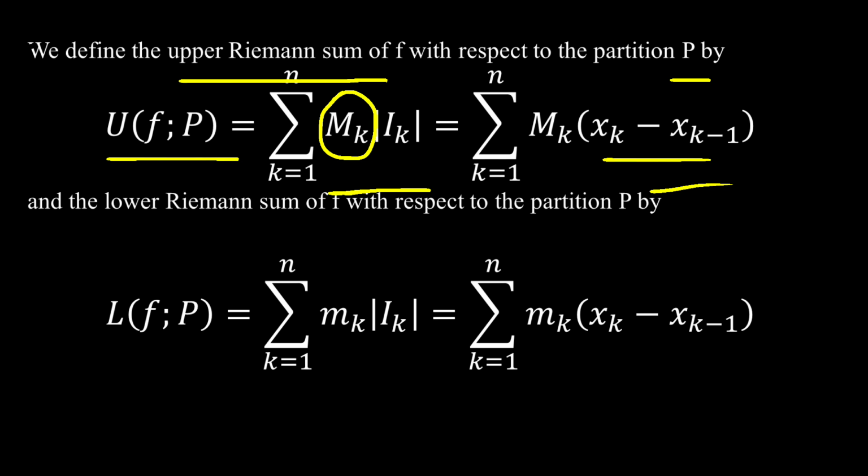And the lower Riemann sum of f with respect to the partition P will be given as this. This is actually the infimum of the function f.